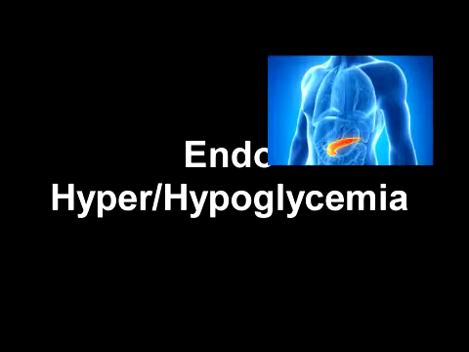3 basic conditions will give you pseudohypoglycemia. One is slow capillary refill or slow capillary blood flow. You find it in Eisenmenger syndrome. You all know what that is now. Raynaud phenomenon and in circulatory shock.